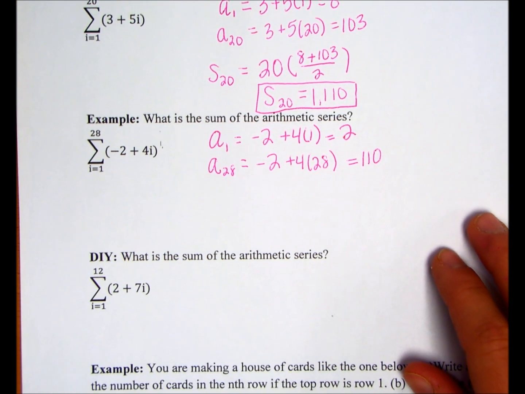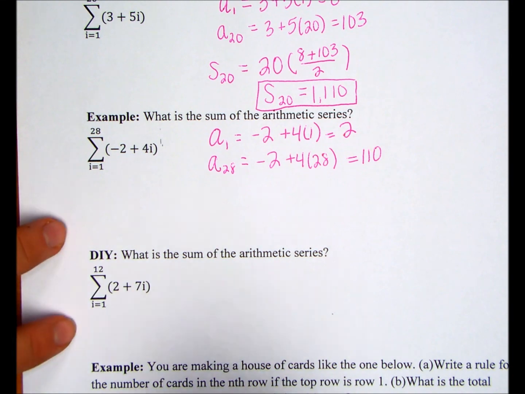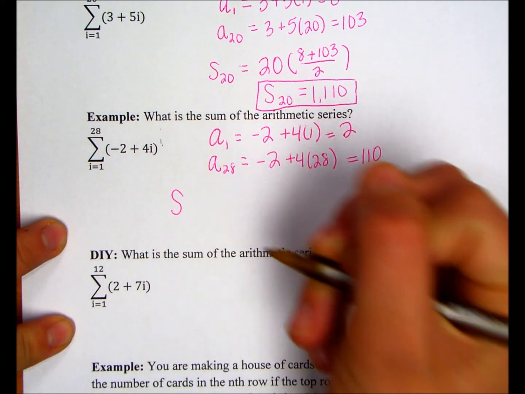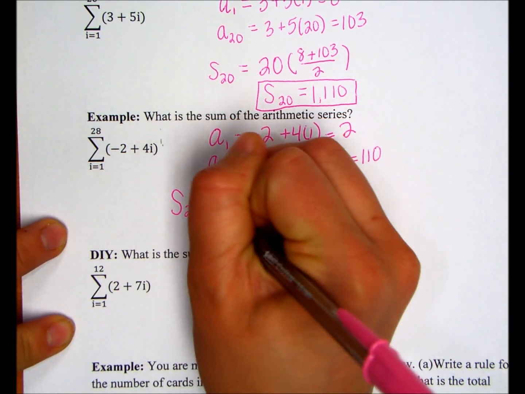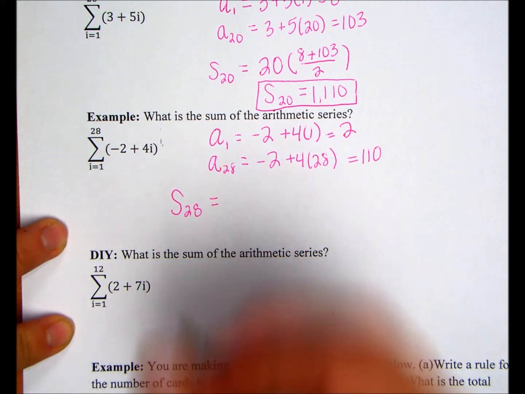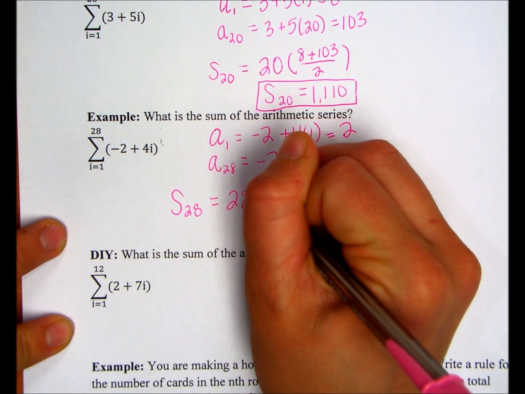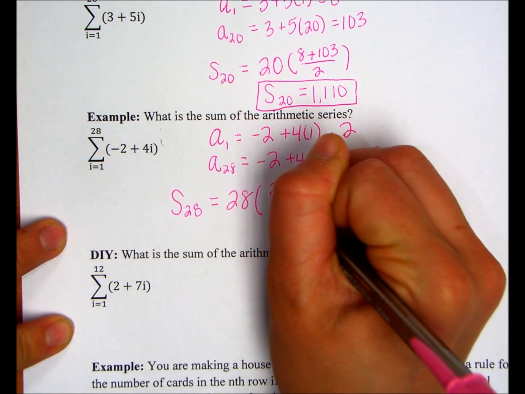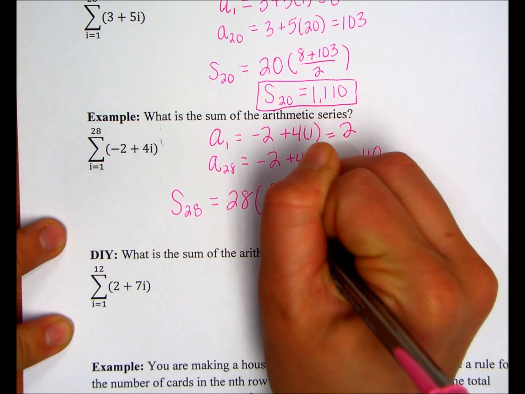Then from here, I can do the same thing as before. I can find the sum of all 28 terms. So this is going to be 28 multiplied by 2 plus 110, divided by 2.